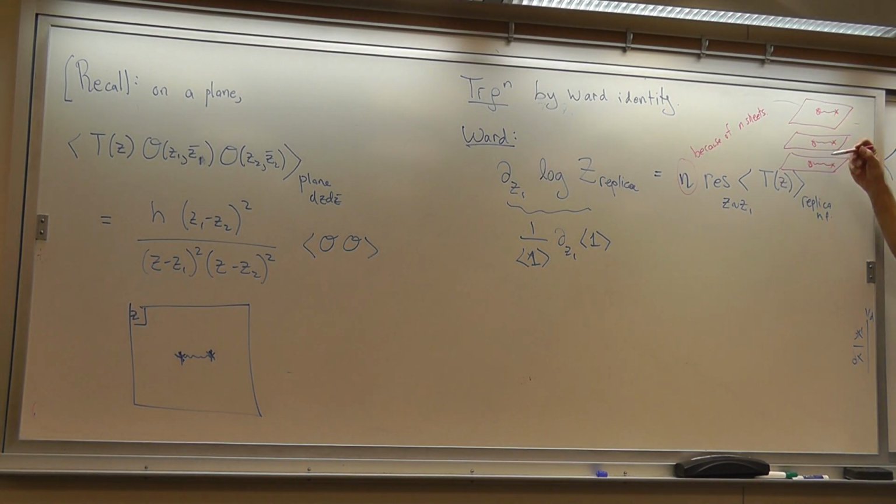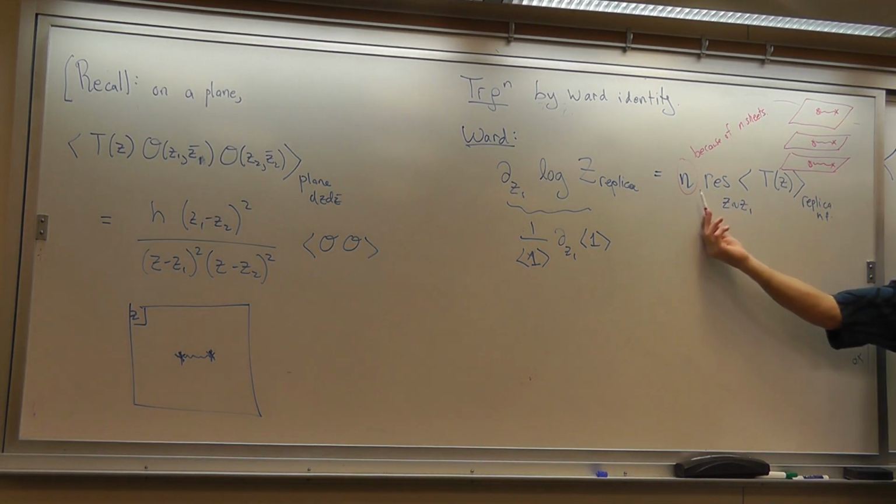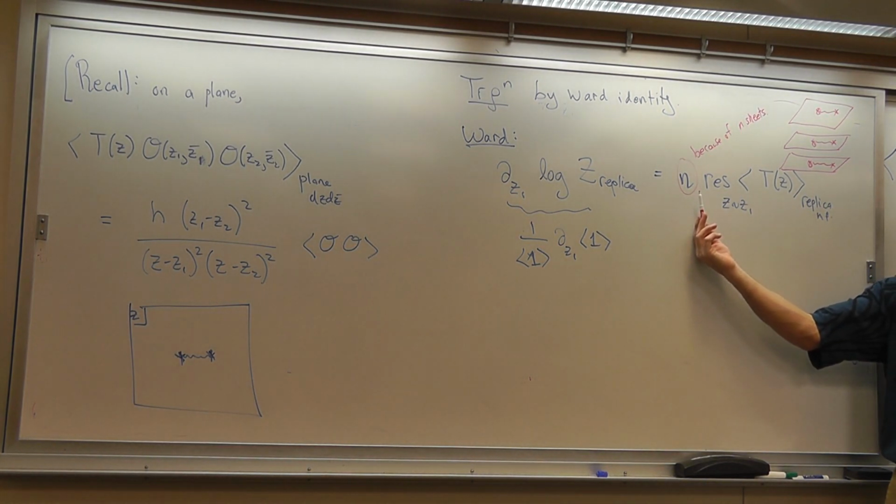When we take this derivative with respect to z1, we're moving the point z1 on all n sheets. We're moving this one over, this one over, this one over. So the derivative picks up a contribution from the stress tensor on each of the n sheets. But they're all equal, so you just get an overall factor of n in the Ward identity.